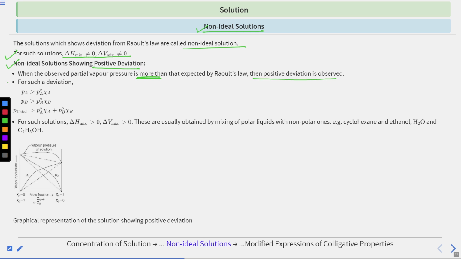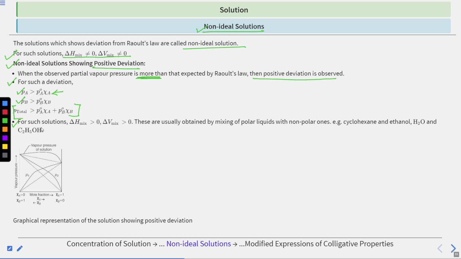For such a deviation, the vapor pressure of a component is greater than the product of its mole fraction and its vapor pressure in the pure state. Similarly for the B component, and hence the total vapor pressure of the solution will also be greater than the sum of the products of mole fraction and pure-state vapor pressure of both components.